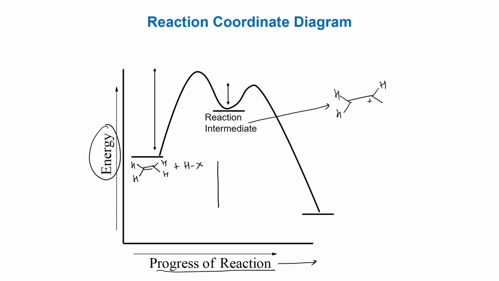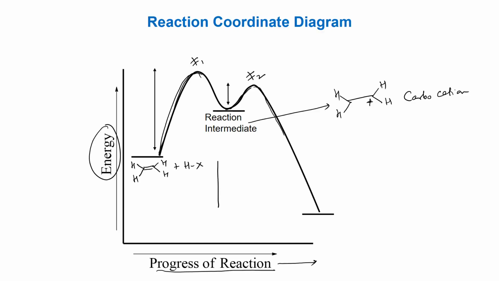So always in an electrophilic addition reaction, the first step will be formation of the carbocation. That is the intermediate. This hill has its transition state 1. This hill has its transition state, which is transition state 2. It's a two-step reaction, therefore you have two hills.